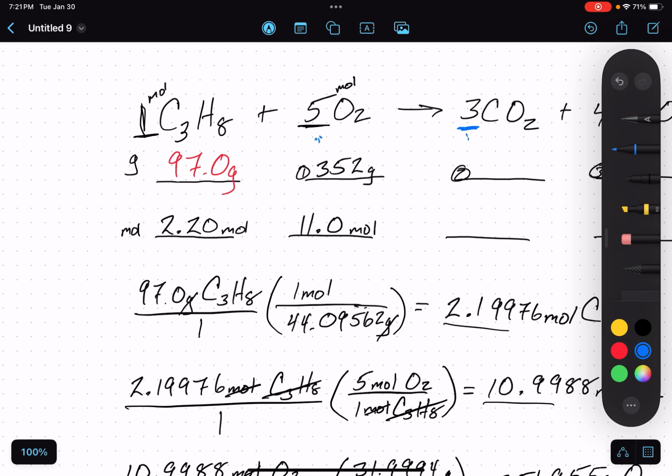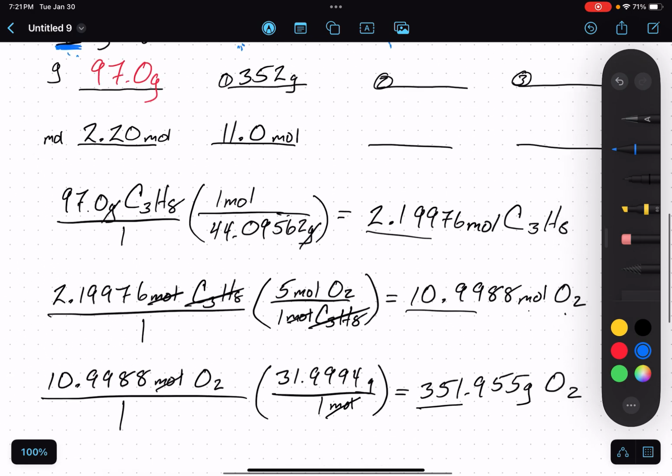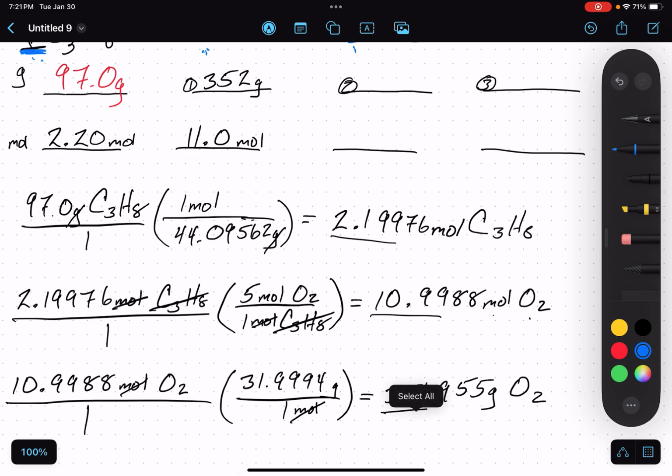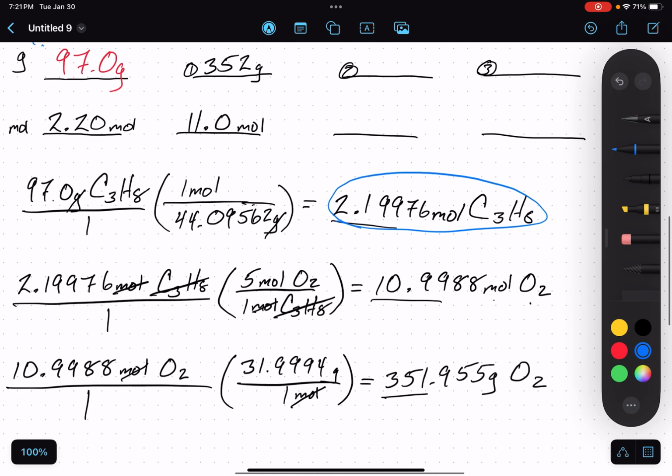If I'm using propane, then I'm going to be using the 1 and the 3. In this situation, I want to use the propane. I need to use the moles that I already know, and right here is the moles of propane. So I have to use a known in order to find an unknown.